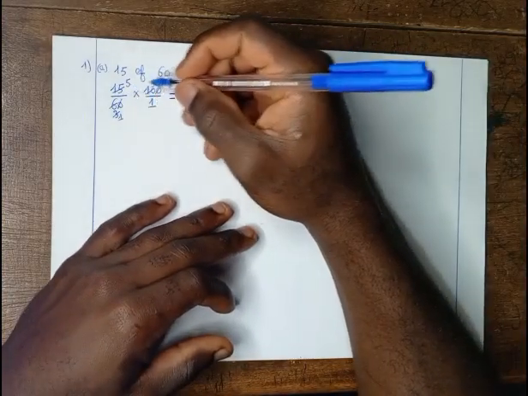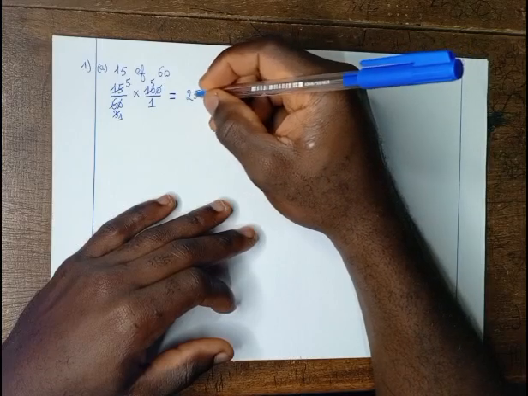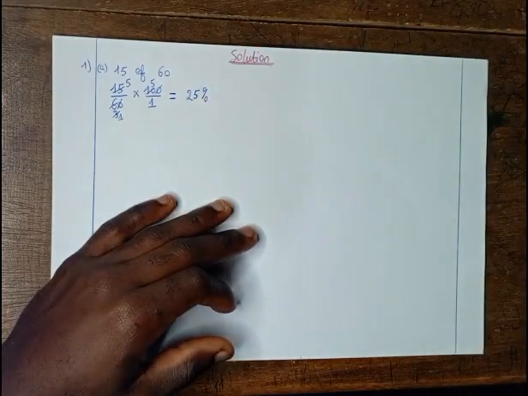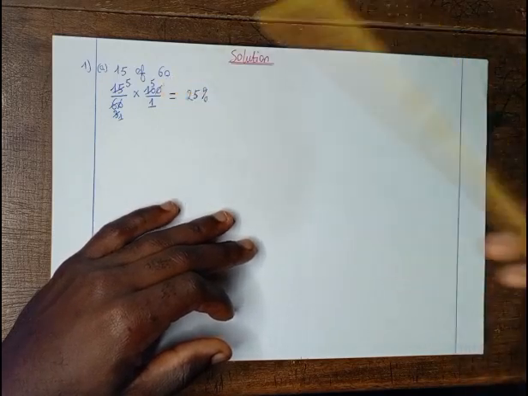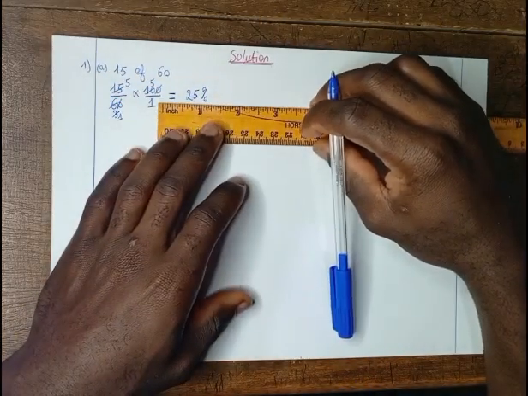So we'll be left with 5 times 5. 5 times 5 is simply 25. Then we are going to attach the percentage sign. It simply means 15 of 60 is 25%.